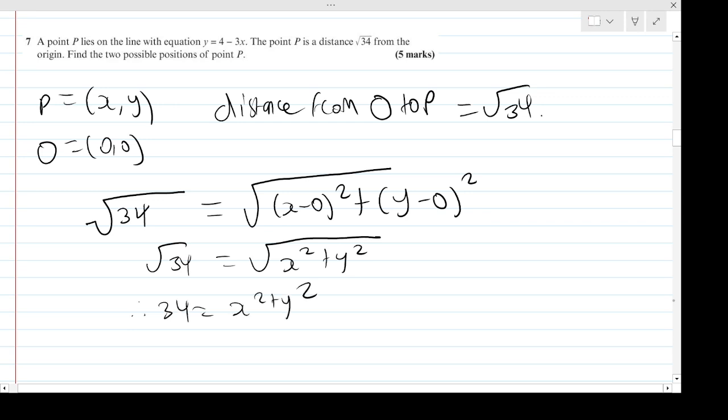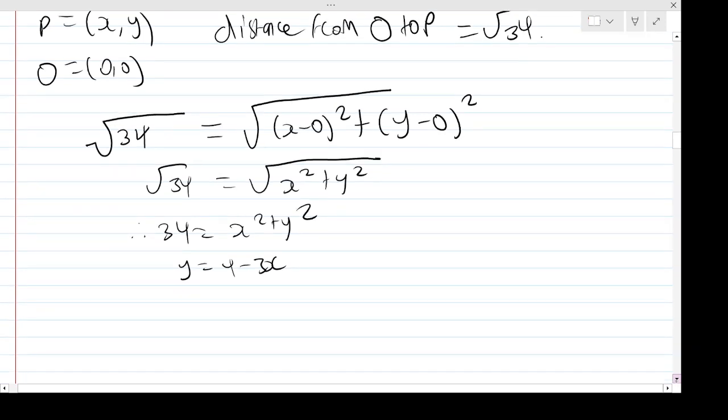That does help us, but we can't immediately solve it because we have two values here, x and y. So I can't solve this equation on its own. However, we are told that at P, y is equal to 4 minus 3x. Hang on then, isn't this simultaneous equations?